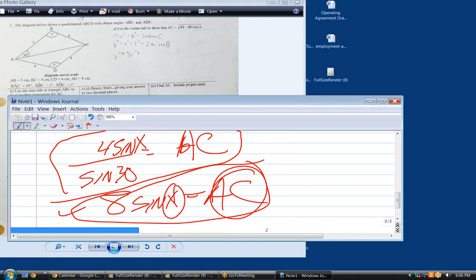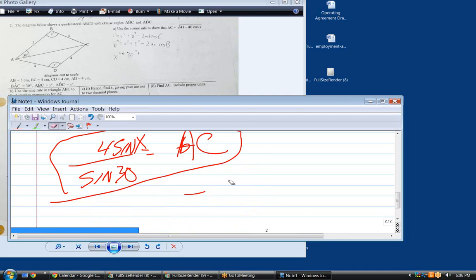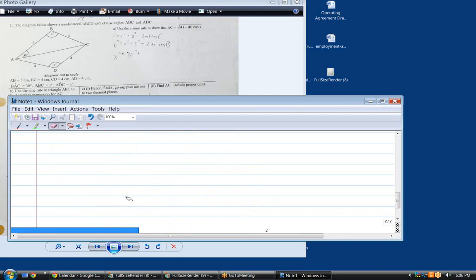So we can't solve for x from that. Do we combine the two? Well, it's pretty easy to solve for x. Let me show you how I would solve for x using the law of sines. If I'm trying to solve for x, well, first of all, I'm going to solve for this angle here.